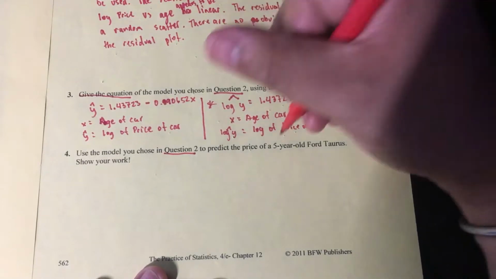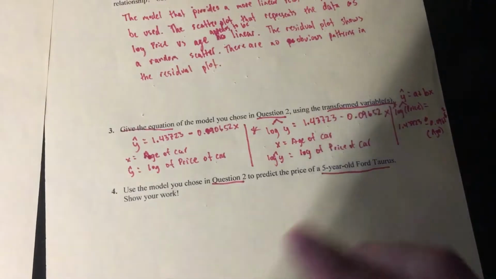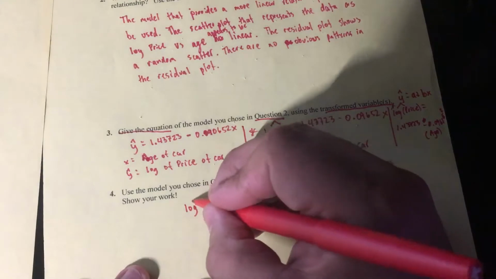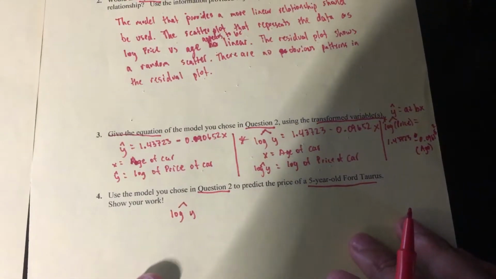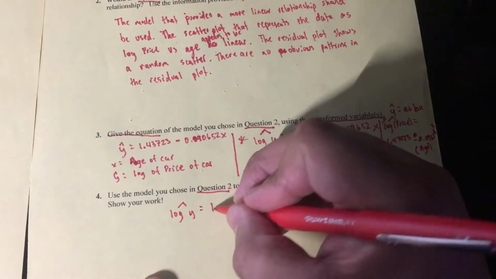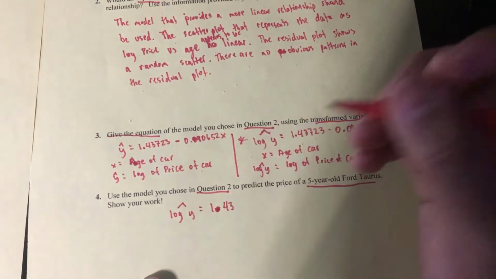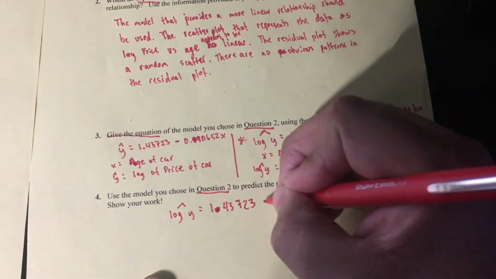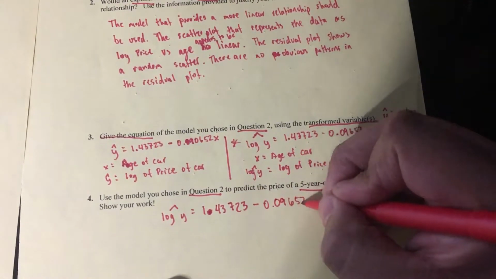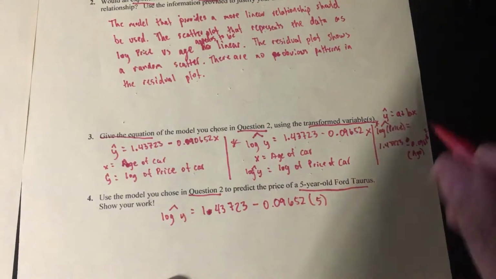So, last question: using my model from question 2, predict the price of a 5-year-old Taurus. Log of y is equal to 1.43723 minus 0.09652, and then the age, the x, is the 5.